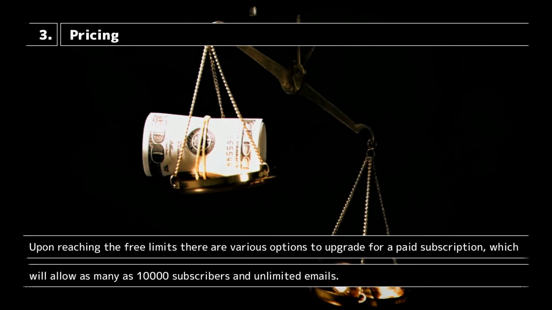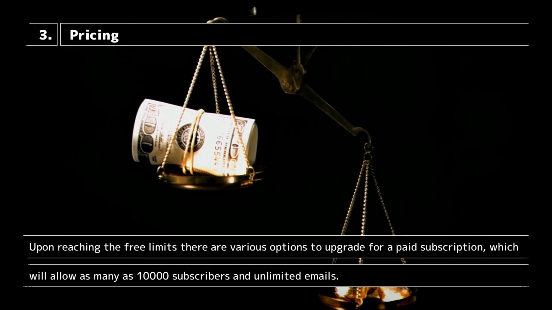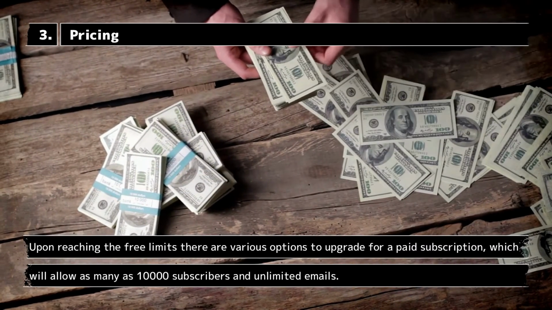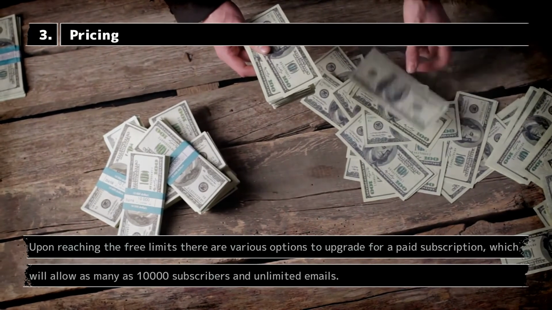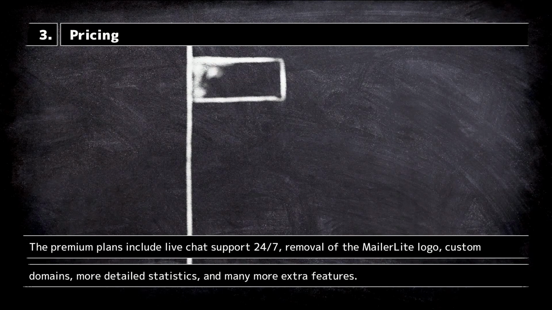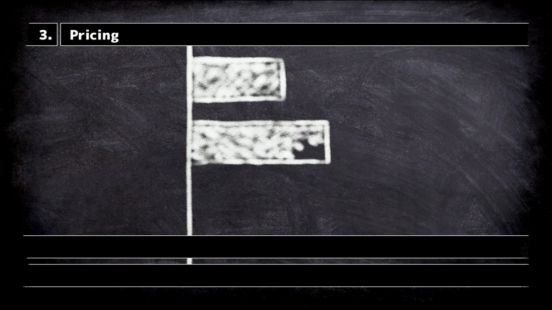Upon reaching the free limits, there are various options to upgrade for a paid subscription, which will allow as many as 10,000 subscribers and unlimited emails. The premium plans include live chat support 24/7, removal of the MailerLite logo, custom domains, more detailed statistics, and many more extra features.